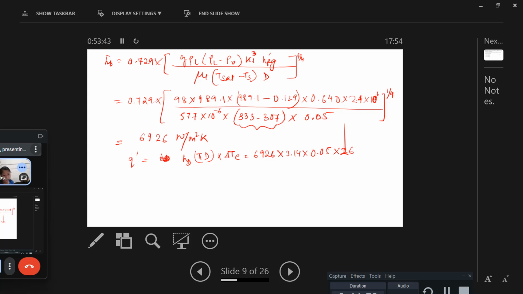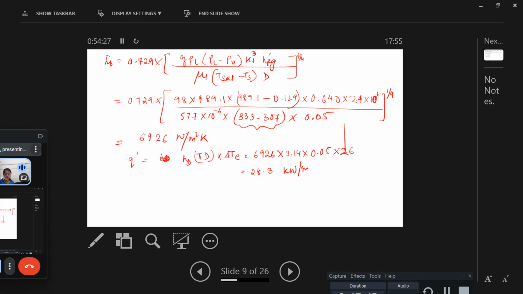If we calculate this, we get 28,271 watt per meter.